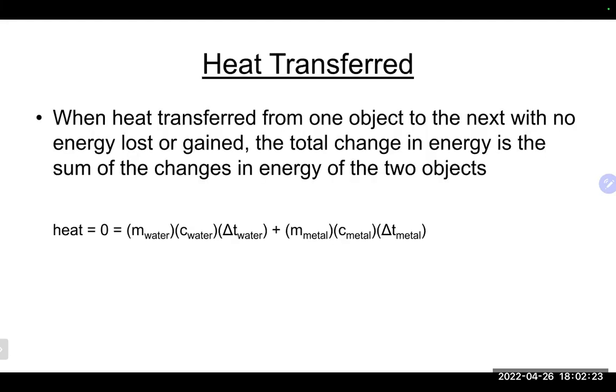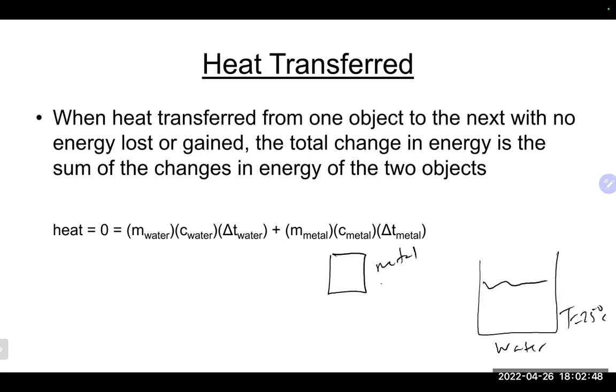Now, when we talked about heat being transferred, heat does transfer from the hotter object to the colder object. For example, if we have some water, let's say at 25 degrees Celsius to begin with, and we take a piece of metal where we know the mass of the metal and the initial temperature of the metal.